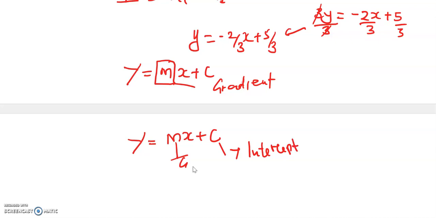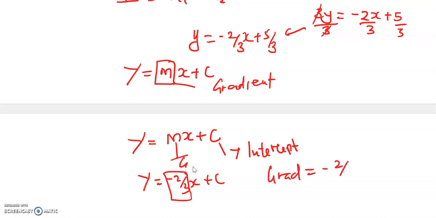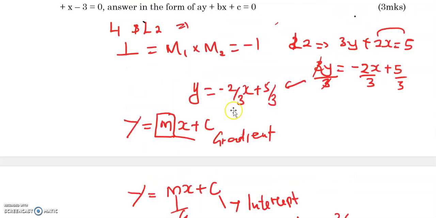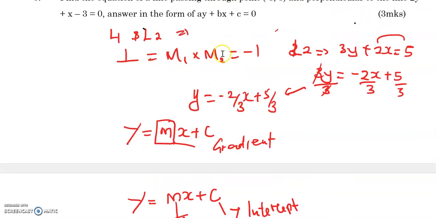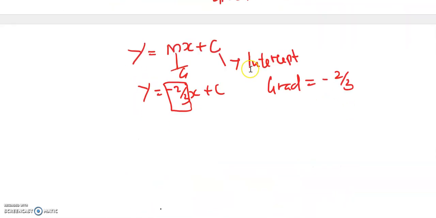Now, given the line that we have up there, y is equal to -2/3x plus c, the gradient of this line is equal to -2/3. And given the situation of two perpendicular lines, their product is equal to -1.